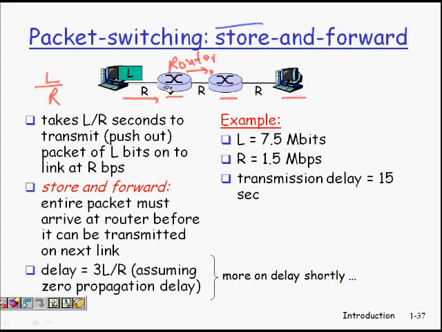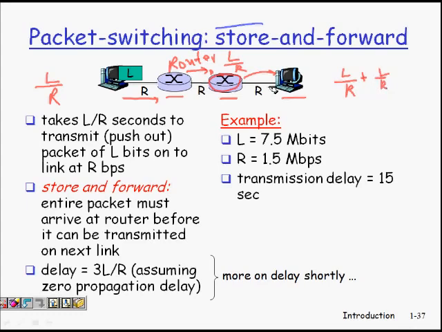The whole packet will take L by R seconds to get stored here, because that is the time it will take from the first bit to the last bit to reach here. Then when it is done, this router will now start forwarding, and it will wait here for L by R amount. So it will receive the complete packet, store it, then forward it to this one.